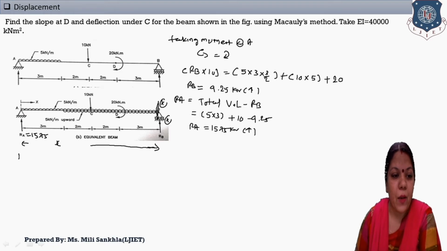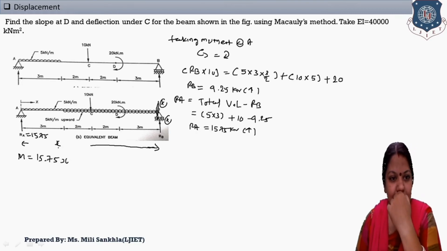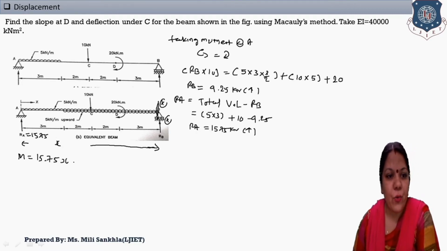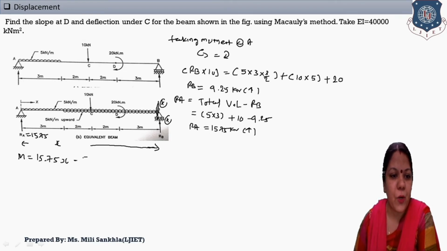Here, M is equal to this support reaction, which rotates clockwise with respect to this reference point: 15.75 into X. Then next, the given UDL 5 rotates anti-clockwise with respect to the reference point at distance X: 5 into X and X by 2.